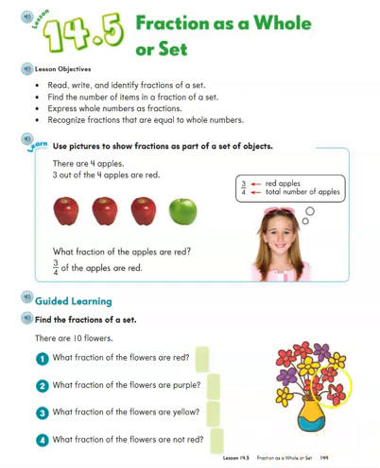To me they look more of a beautiful pink color, but we'll go with red. And it looks like 1, 2, 3, 4, 5 of the flowers are pinkish red. So that means our fraction would be 5 out of a total of 10, right?